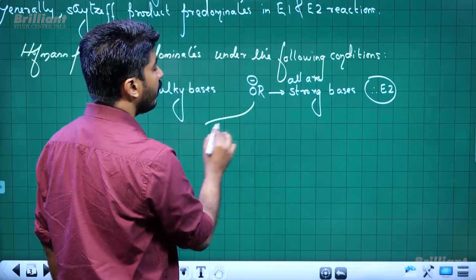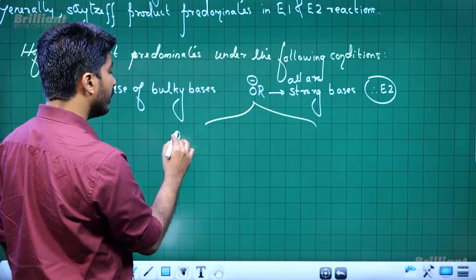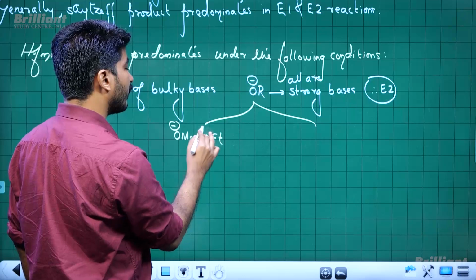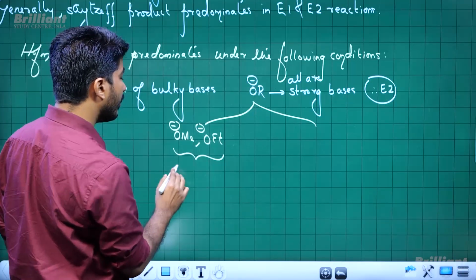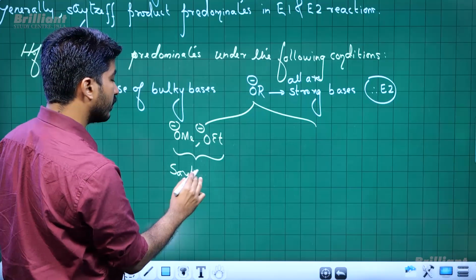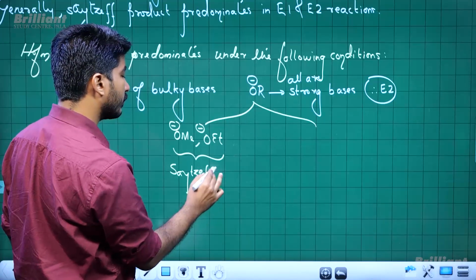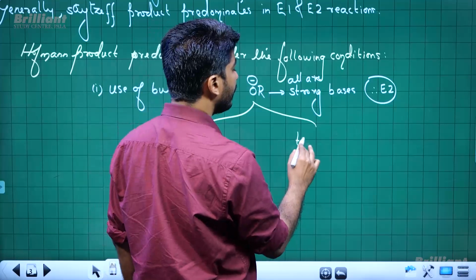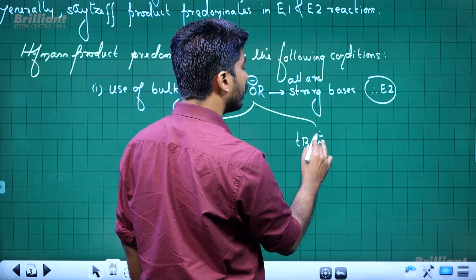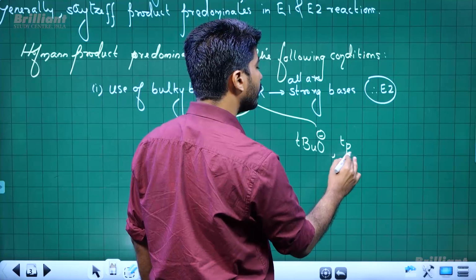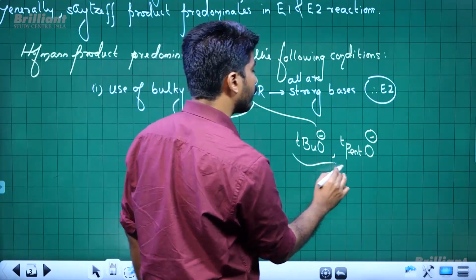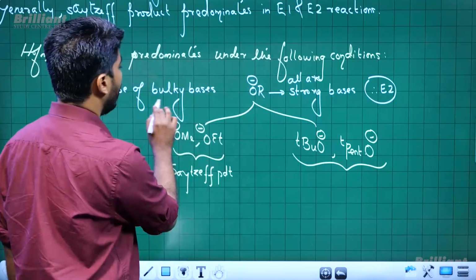And among alkoxides, if we take methoxide, ethoxide, etc., they will be giving Zaitsev products. They are small alkoxides. And if we take tertiary butoxide or tertiary pentoxide, they are bulky bases.